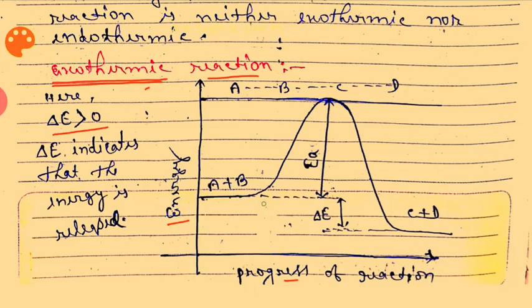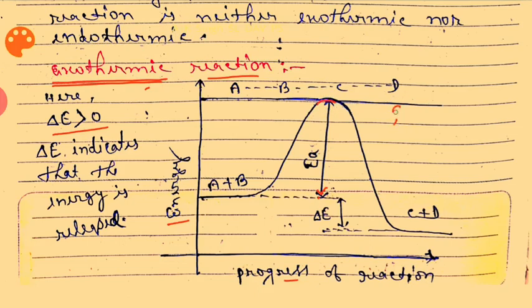If energy is supplied to the reactants, then collisions take place. It is called activation energy, EA. Here clearly indicates EA is the activation energy, and it crossed the energy barrier.